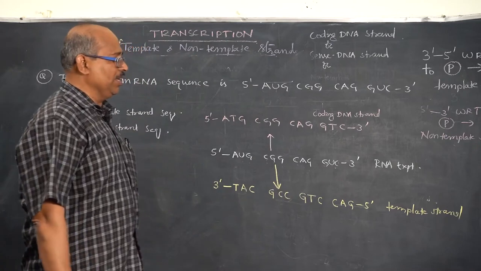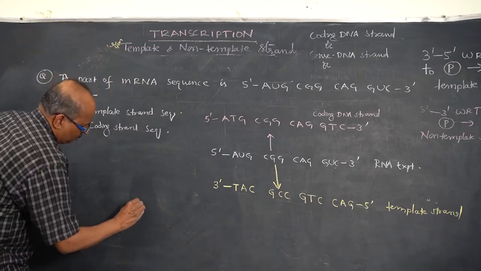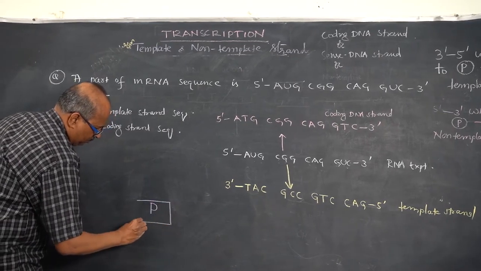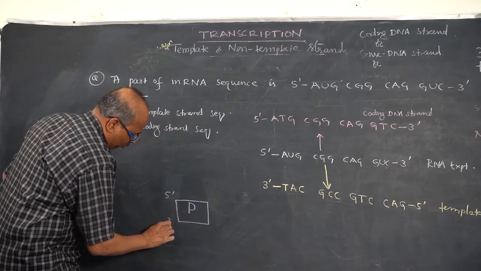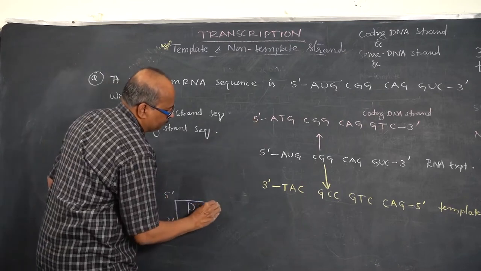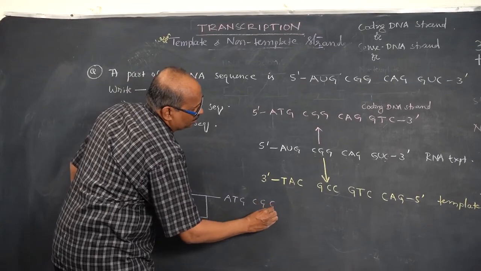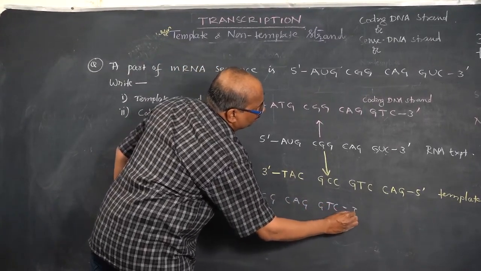Now even actually you can show it with promoter. So promoter, so one end of the promoter you write 5 prime, second end you write 3 prime. First write coding strand A, T, G, C, G, G, C, A, G, G, T, C, 3 prime.